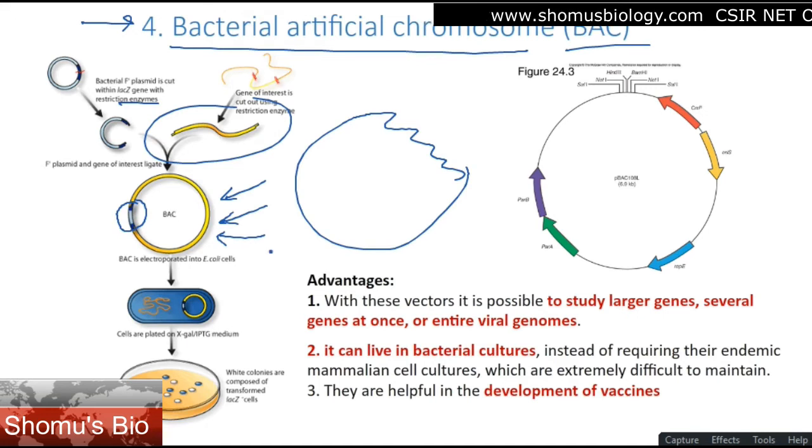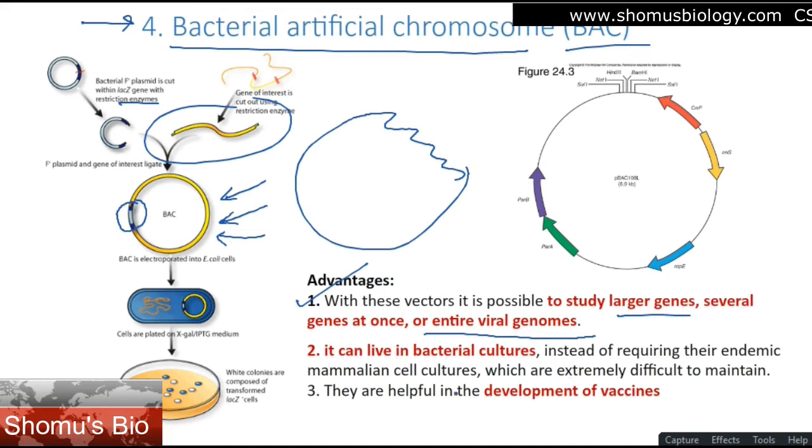The advantage, however, with this vector is that it's possible to study larger genes, several genes at once, or entire viral genome cloning is possible. And it can live in bacterial cultures instead of requiring endemic mammalian cell cultures, which are extremely difficult to maintain.